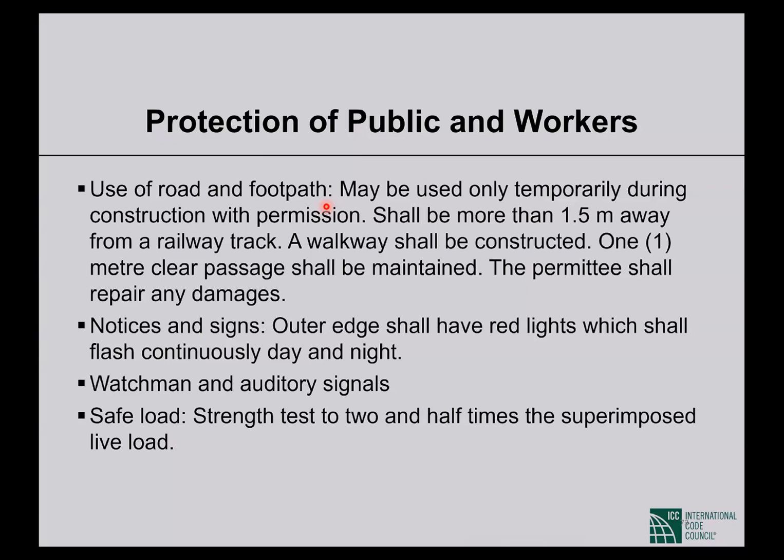If we get the permission, we can use road and footpath, but it shall be more than 1.5 meters away from a railway track. A walkway shall be constructed so that people can take a detour. 1 meter clear passage shall be maintained, and there are other requirements that we have to meet.